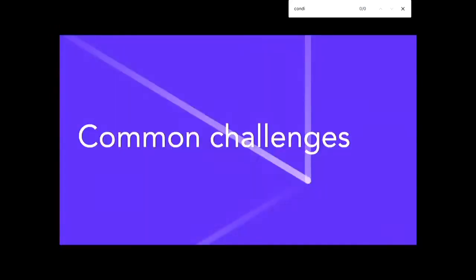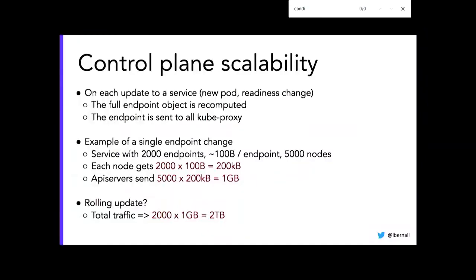A few things I wanted to mention are common challenges for kube-proxy regardless of the implementation. The first one is the scalability of the control plane. You remember before that the interaction of kube-proxy with the rest of the cluster is using the endpoint object.